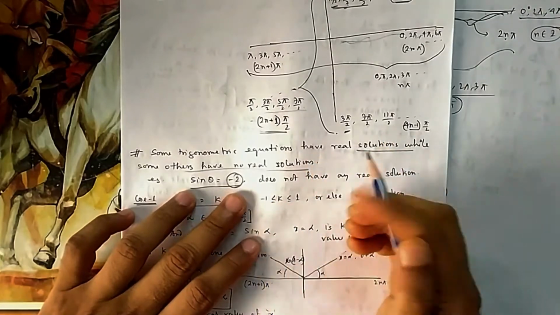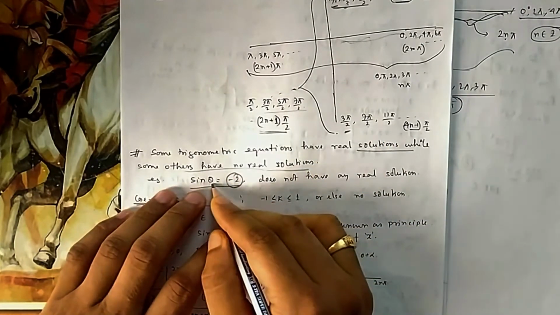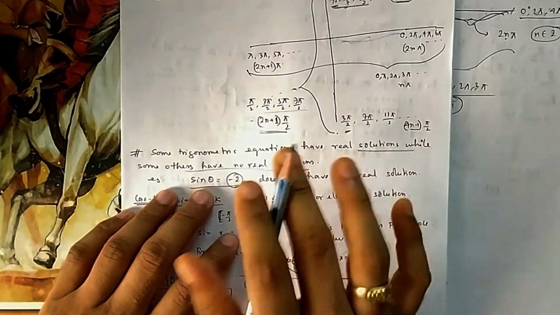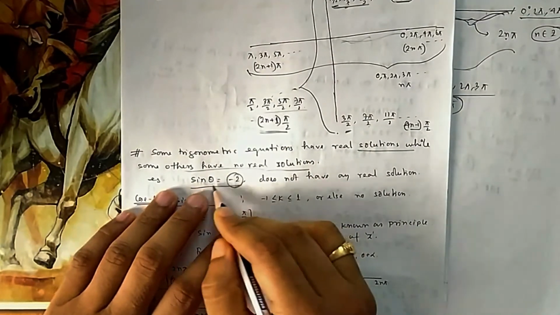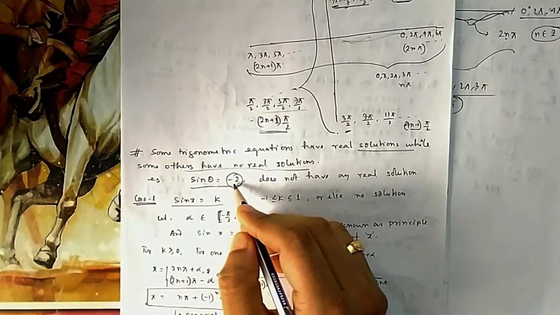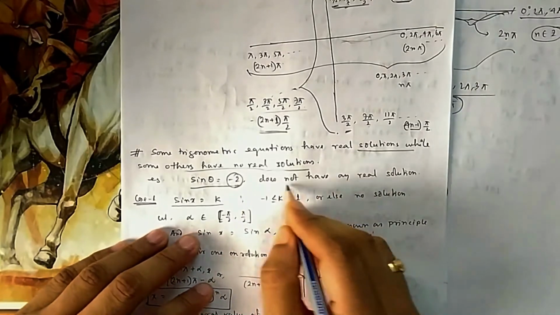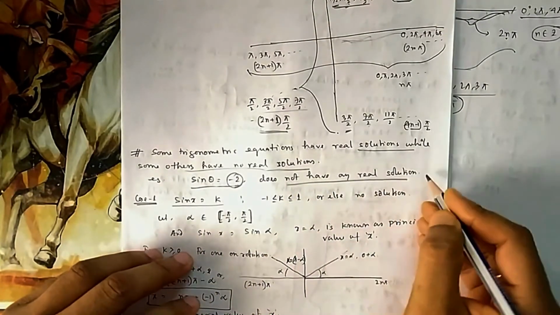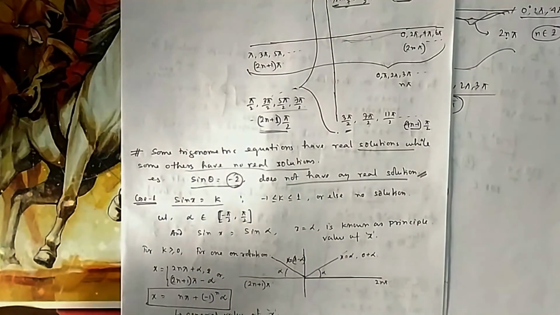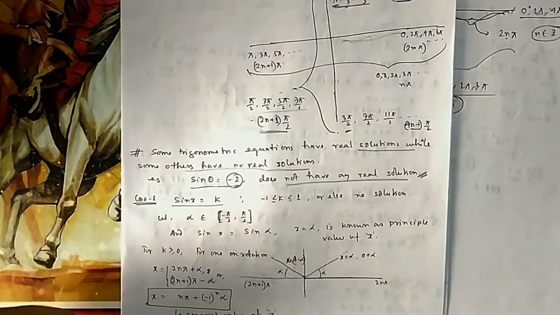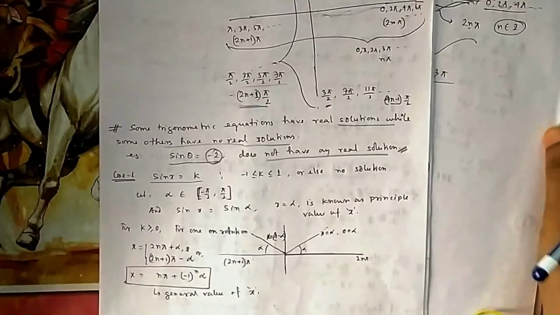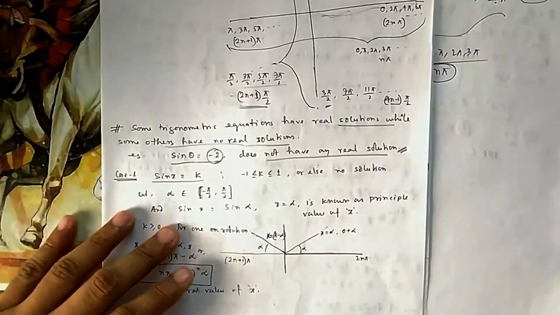We have already seen this. Because it is -2, no angle will be found. You will find no angle that satisfies this, since you got a value less than -1. So it does not have a real solution. So you will have some equations for which you will say there is no solution. It is not that every trigonometric equation will have answers. So you have to check this.